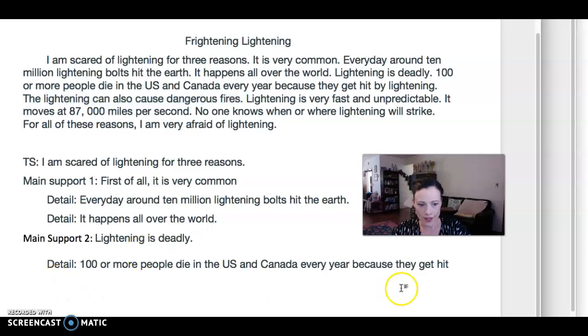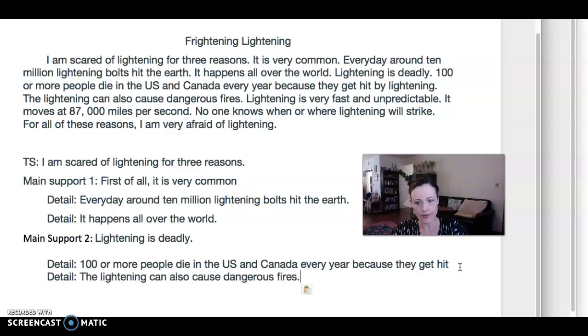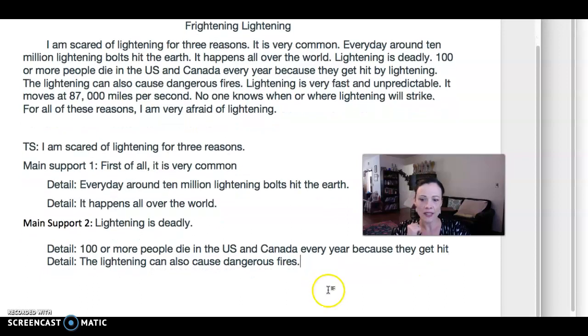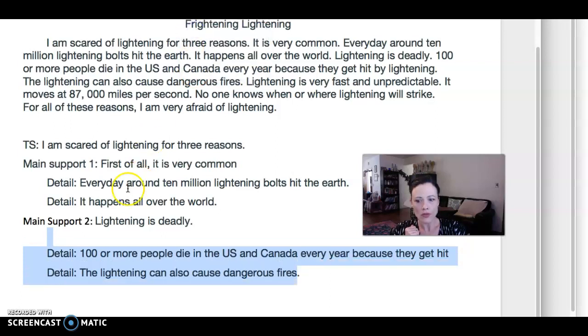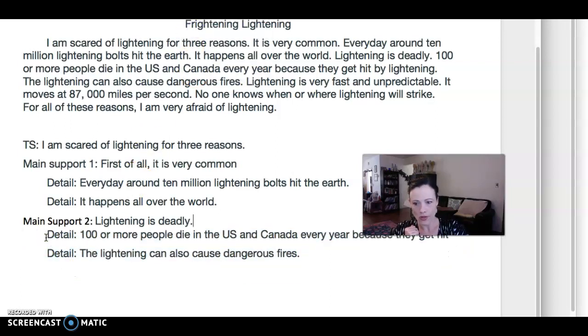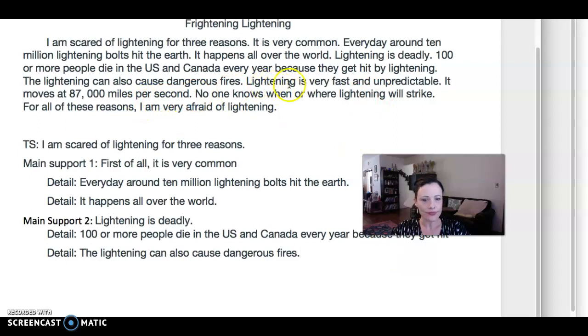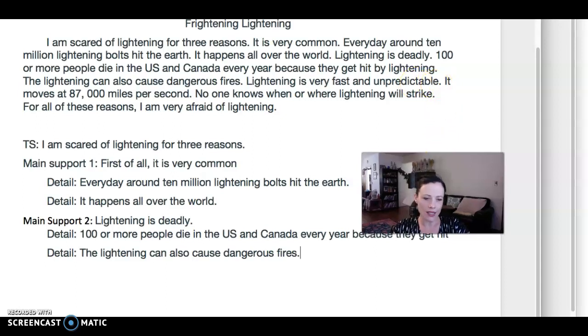So this is another detail, I feel pretty sure. Spacing is weird. Okay, whatever. Then, do I have any more details here? Lightning is fast and unpredictable. Is that a detail about deadly? No, I don't think so.